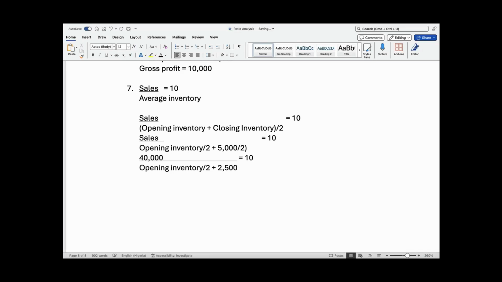So if you cross multiply, we have 40,000 to bracket 10.